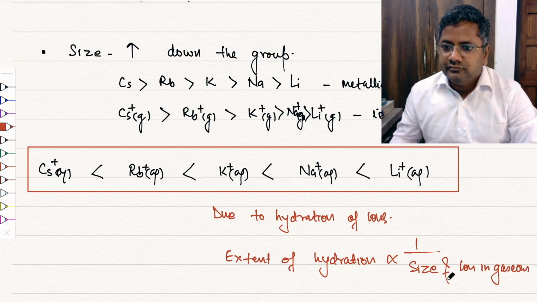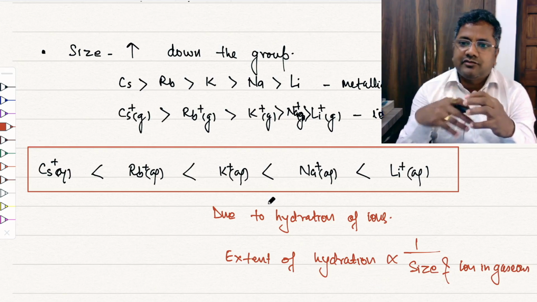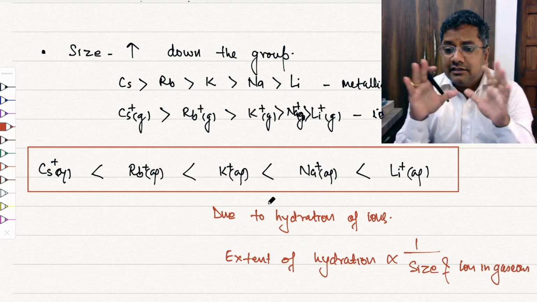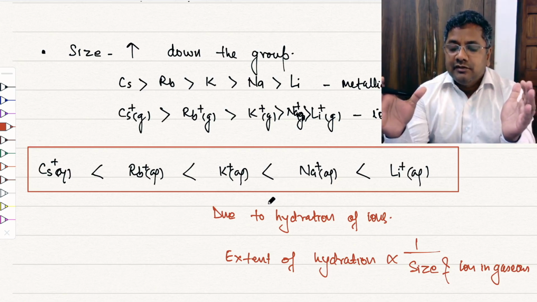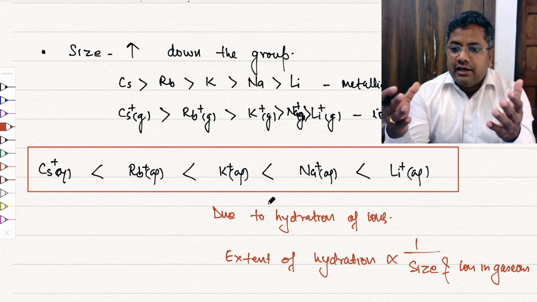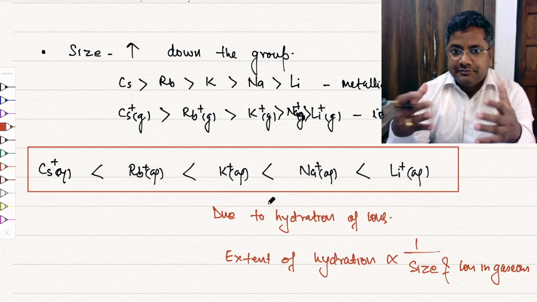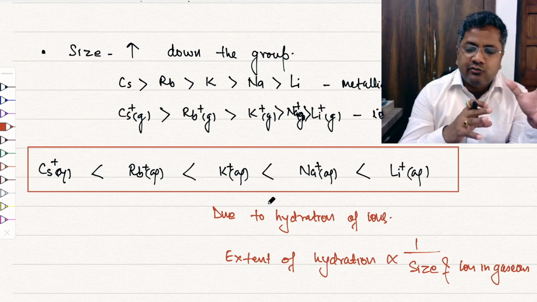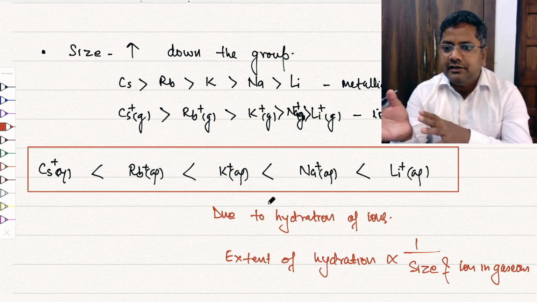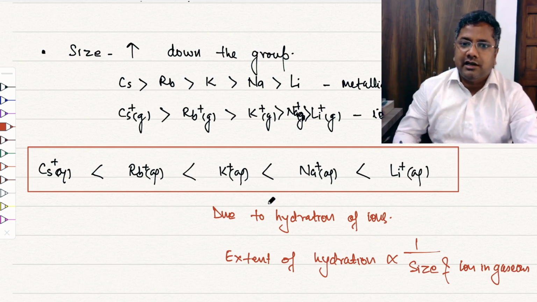So this is due to the hydration. So lithium becomes larger in size, and this is applicable on the whole periodic table, whether it is cation or anion. If it is smallest in the gaseous phase, then definitely that ion is largest in the aqueous medium, and this is due to the hydration.